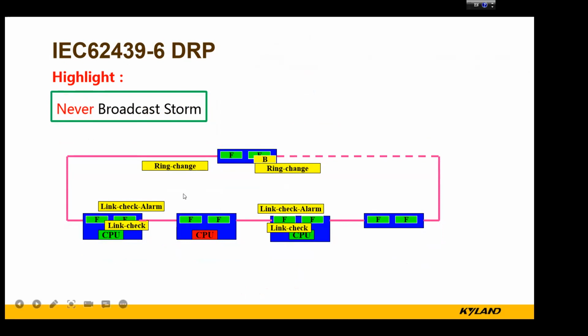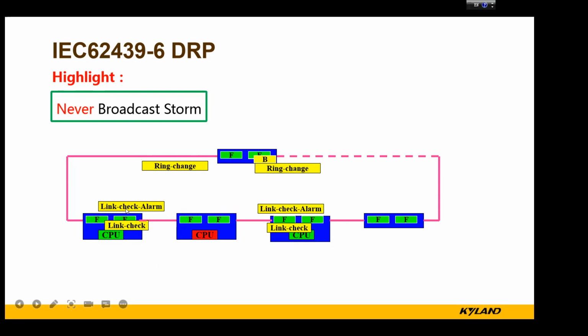Since, for example, if there is one switch hung for some reason in this ring, and it cannot deal with the redundancy packets, and it cannot control the forwarding and block on the ports, then it will create a loop and generate the broadcast storm. So in DRP protocol, we also have some mechanisms to avoid this kind of failure.